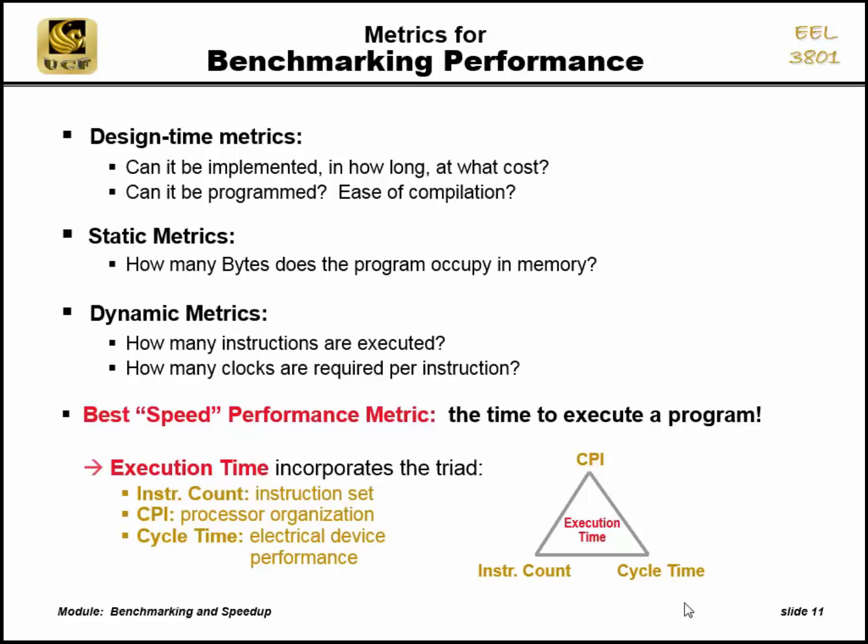Remember, response time is what the user sees. Execution time is the CPU's component of that. Maybe we're not network people, we can't influence that, but if we're designing a processor, we can influence execution time. So execution time will intrinsically incorporate all those factors in how the user actually will see the result.